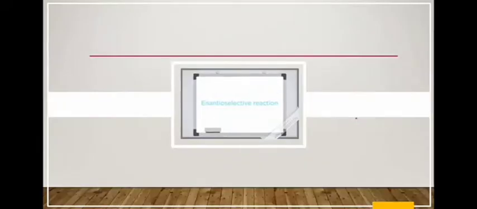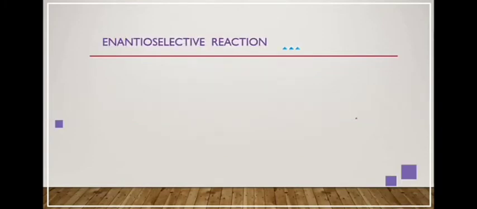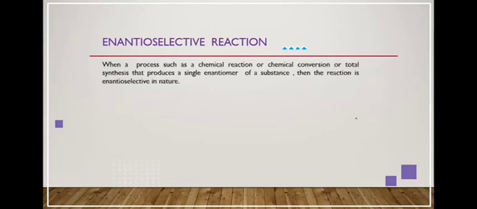Move on to the next topic, enantioselective reaction. What is an enantioselective reaction? When a process such as a chemical reaction, a chemical conversion or a total synthesis produces a single enantiomer of a substance, then the reaction is enantioselective in nature.